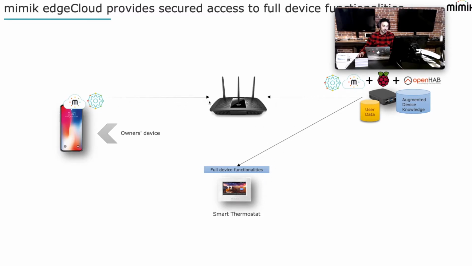So we'll use the network provided by the router, and from the router we'll connect to a device that is running Mimik Edge Engine, its microservices, and OpenHAB with the library to support the commands that are used to control the thermostat.